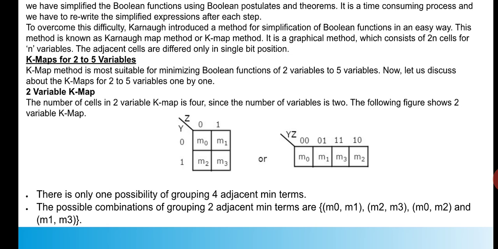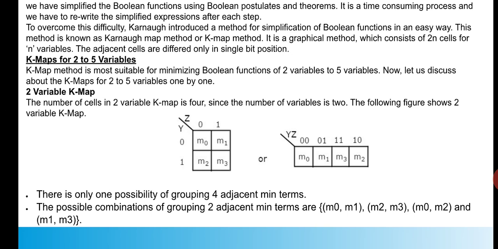Okay, now there is only one possibility of grouping four adjacent min terms. You have to remember the concept of min terms here. In the last videos, I guess I discussed the concept of min terms and max terms. In the same fashion here, you have to consider the min terms and group the four adjacent min terms. Because if you want to minimize the function, you should understand how to group it.